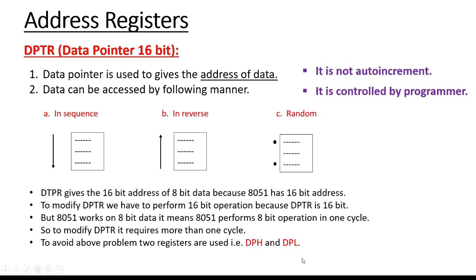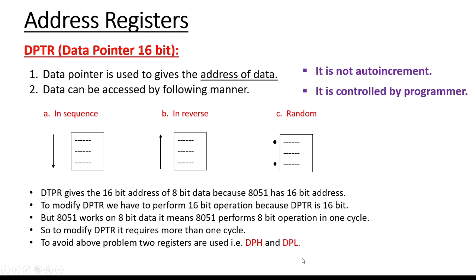The DPTR register is made up of two 8-bit registers, namely DPH and DPL. Why? Because the 8051 is an 8-bit microcontroller, which can process 8 bits of data at a time.